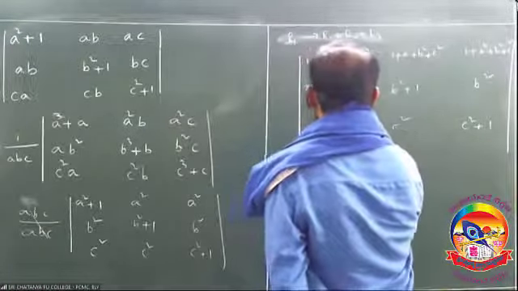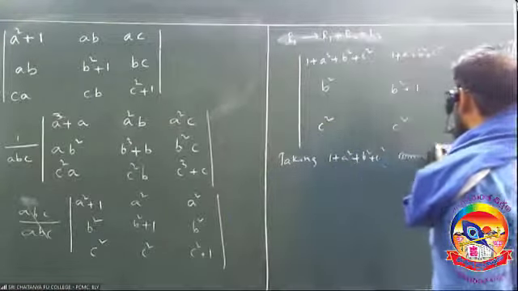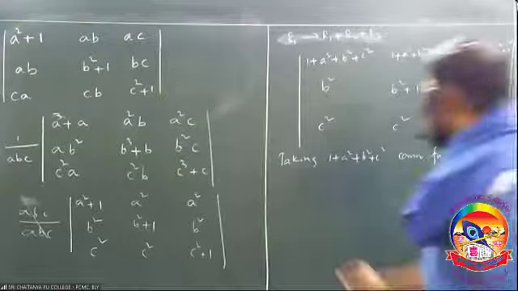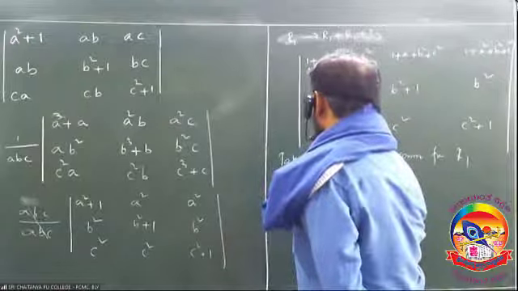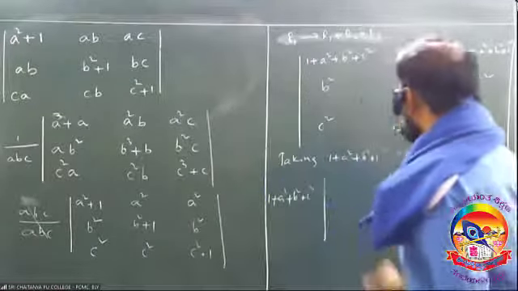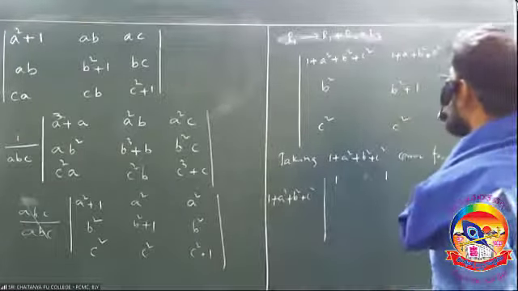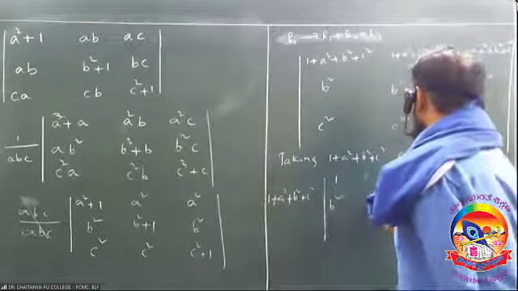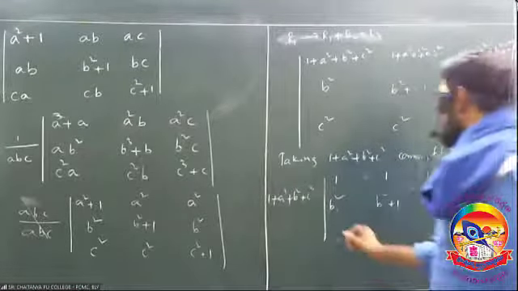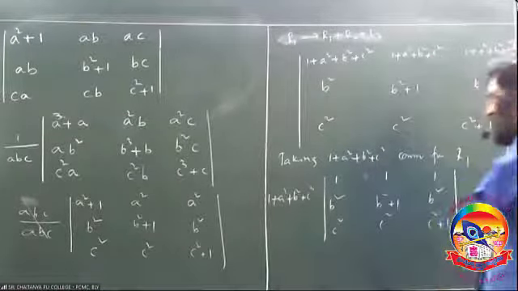Now taking 1 plus A square plus B square plus C square common from R1, I am going to get 1 plus A square plus B square plus C square outside. Det of first row becomes this. Am I right? Second row B square plus 1, B square again, C square plus 1 again.